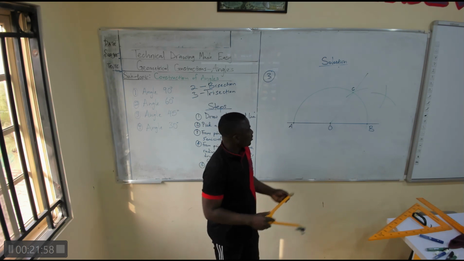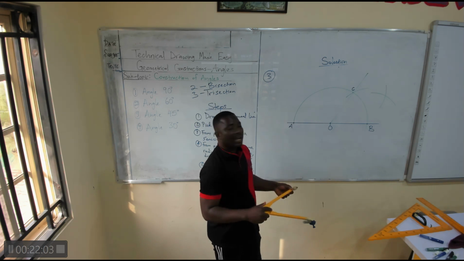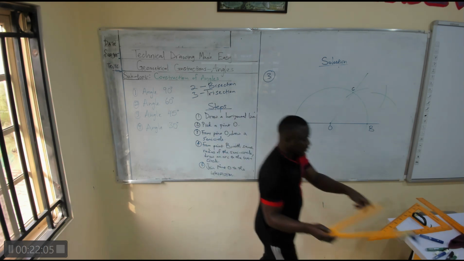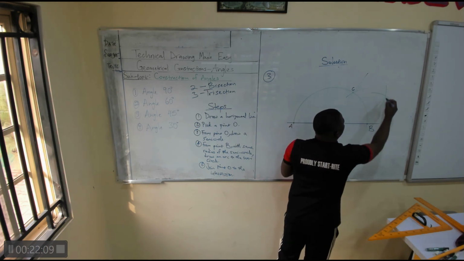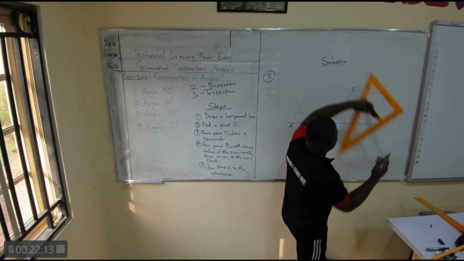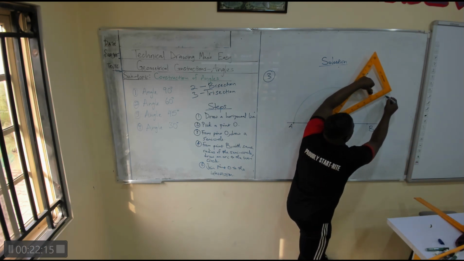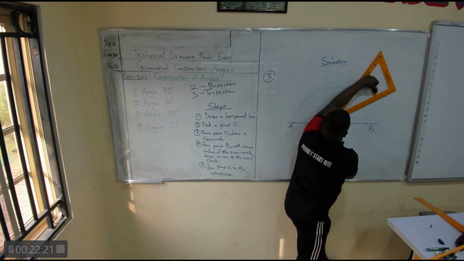Bisection is the same method. Just place it at the 2 points of the angle and draw your arcs forward. Let it intersect. Where it intersects, you join it to the origin O. So the point where it intersects, you join it to the point O, like this.